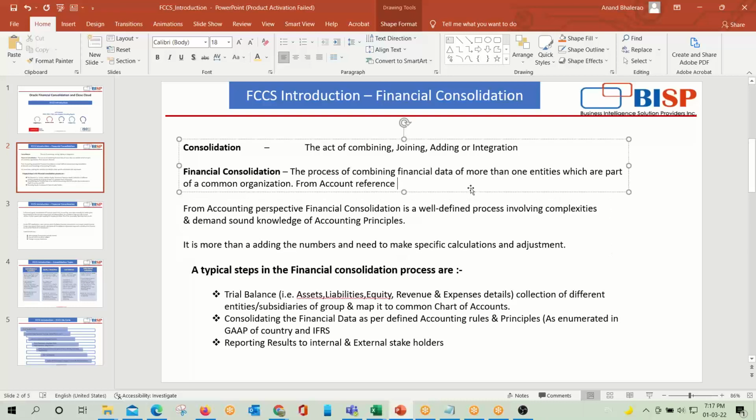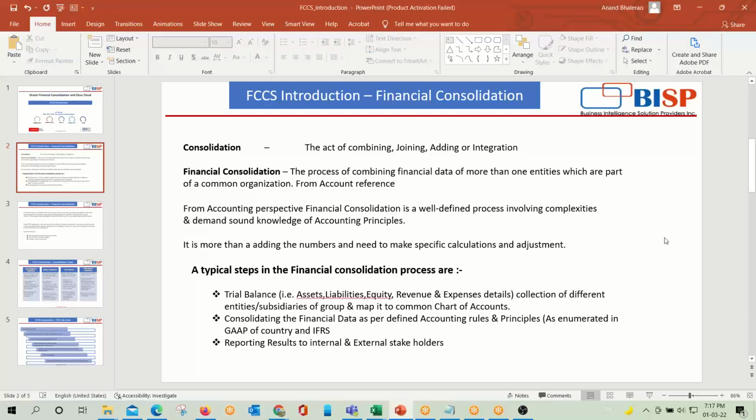It is more than adding numbers; we need to make specific calculations and adjustments to arrive at the final consolidation of an organization. Here we combine the financial results of different entities to arrive at the result of a group as a single common entity.